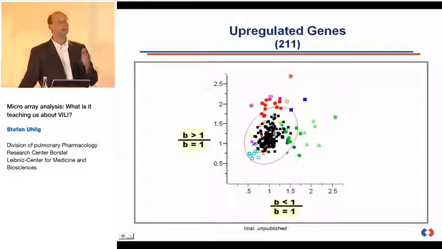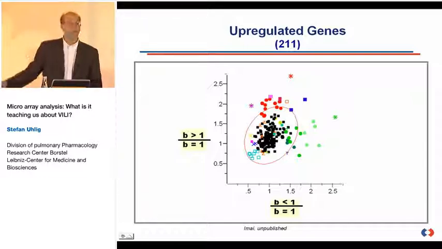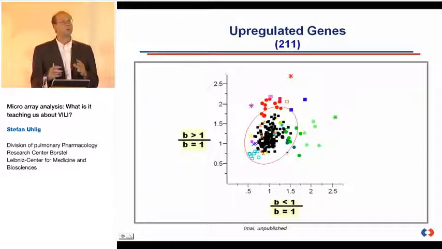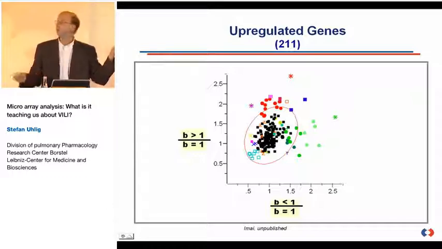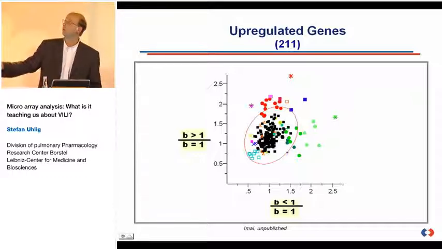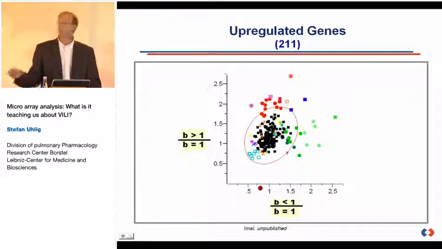And then one way to look at those data was to make a plot like this. And the idea of this plot is that we would like to know which genes are activated by overdistension, and they are shown along this axis, and which genes are activated by de-recruitment, shown on this axis. So remember that everything was normalized to the animals that had protective ventilation. So all these animals had acid.